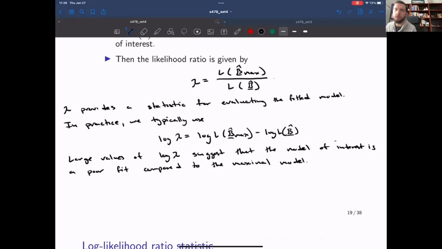Now, the question then becomes, what does it mean for log lambda to be large?